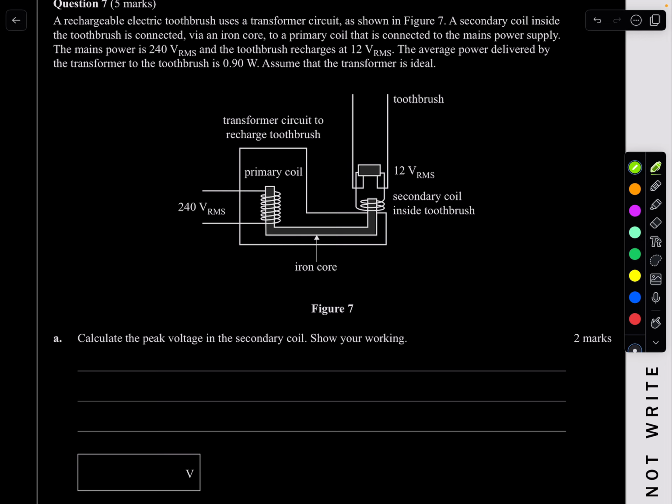Okay. Calculate the peak voltage in the secondary coil. What I want to do is summarize this whole thing into a basic circuit so I can answer all the questions in seconds. So this is your 240 volts RMS primary circuit. We'll have the transformer, and then let's call this, it's a globe, but let's call it the toothbrush.